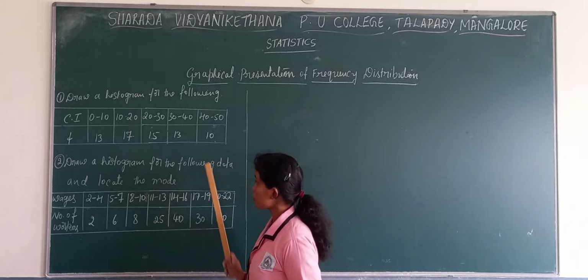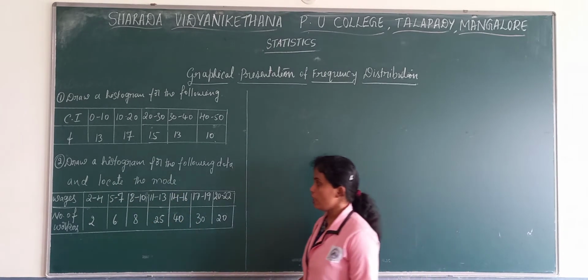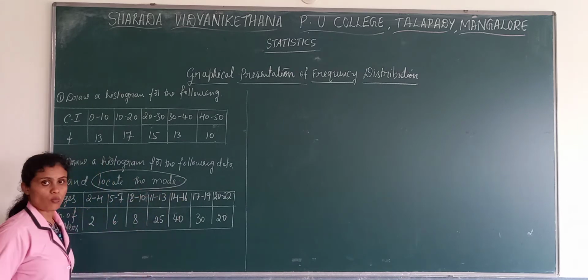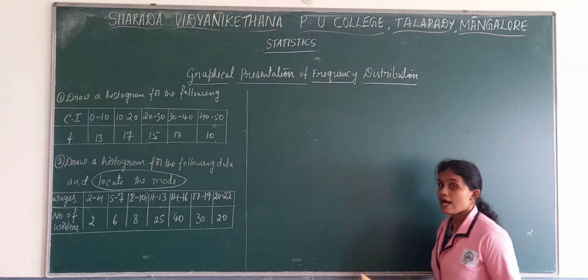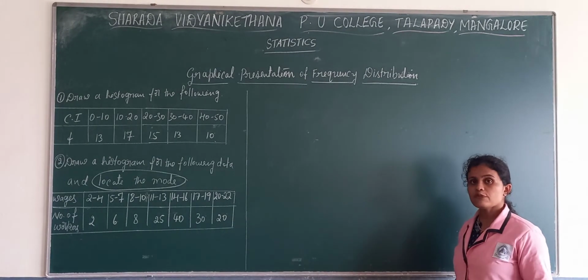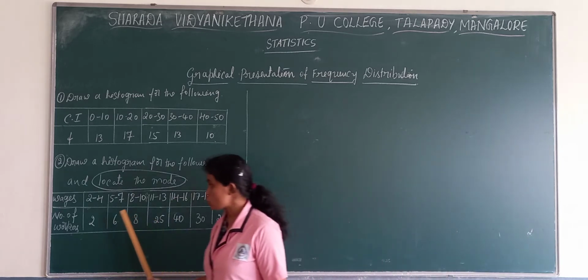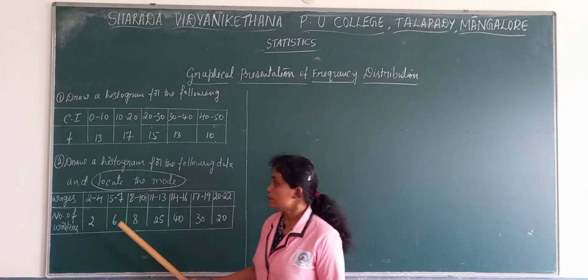Draw a histogram for the following data and locate the mode. We can locate the mode from a histogram and the median from ogives. Here we have wages and number of workers.